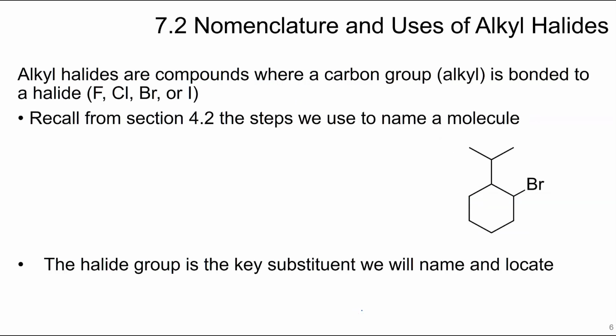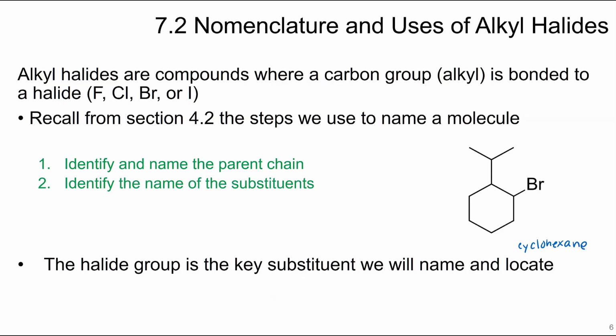Alkyl halides are compounds where a carbon group is bonded to a halogen. When we're naming them, you first identify the parent chain. So the parent chain here is cyclohexane. Then we're going to identify and name the substituents. This is an isopropyl. This is a bromo.